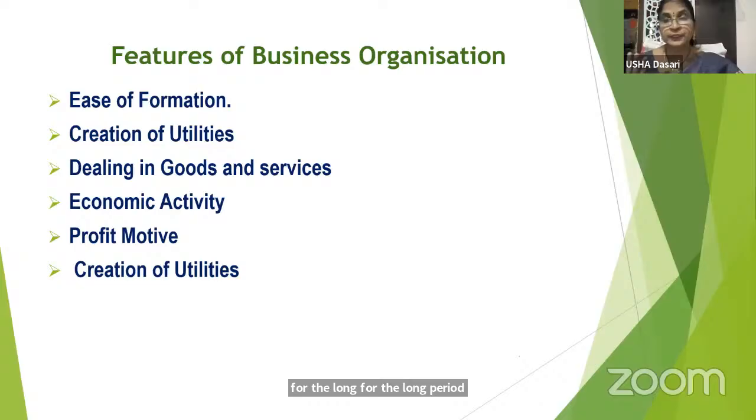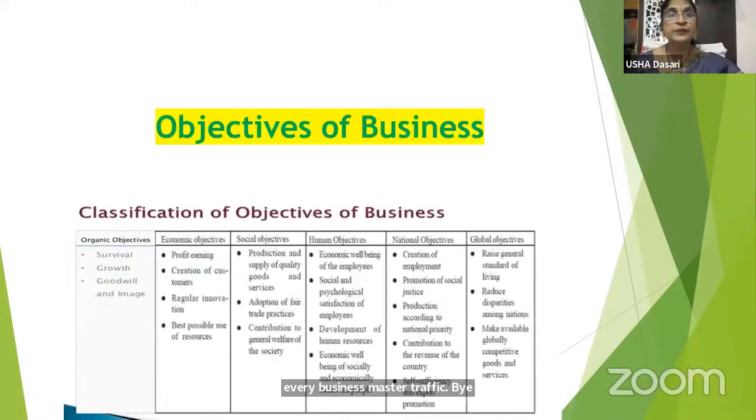So profit is very essential for the growth and expansion of every business. Every business must earn profit by serving the society. These are the characteristic features of business, and if you combine all these features, you can get the elaborate or broad meaning of the word business.